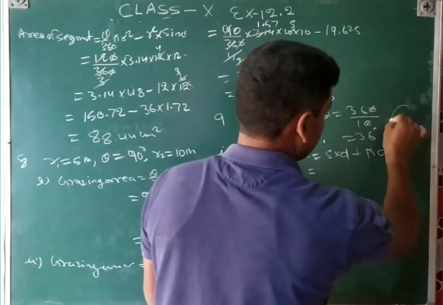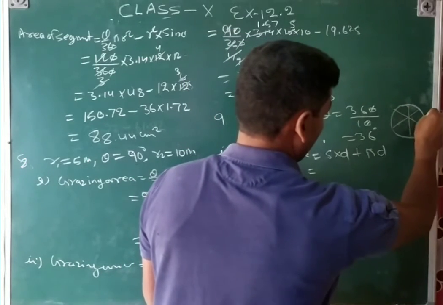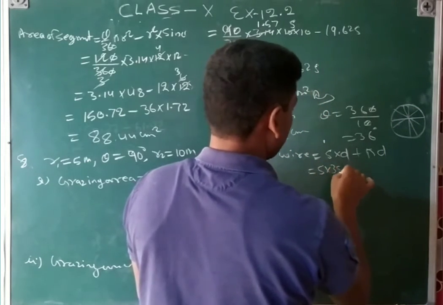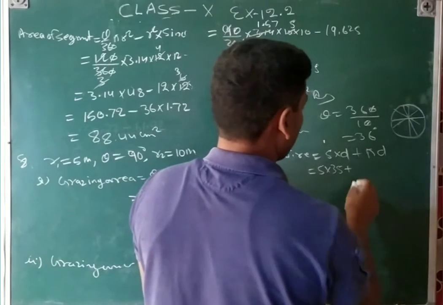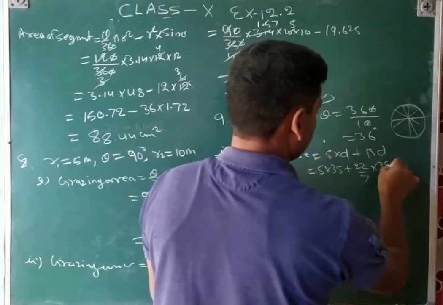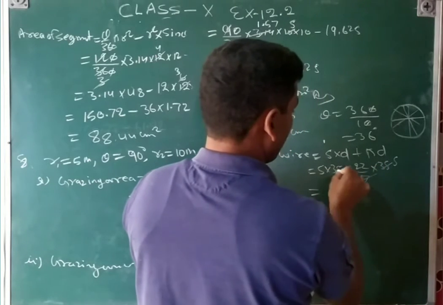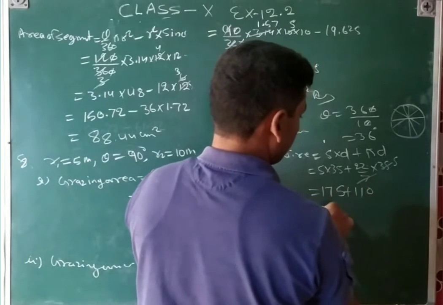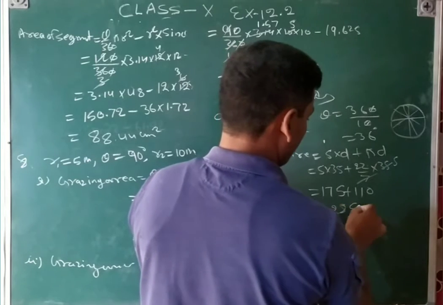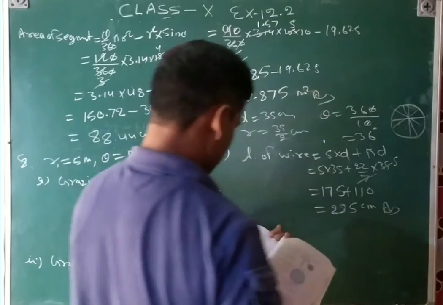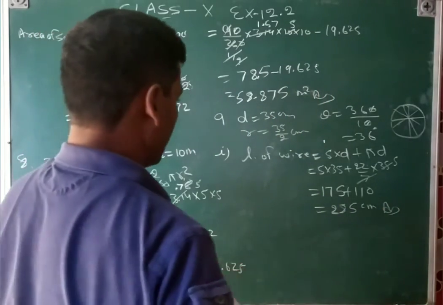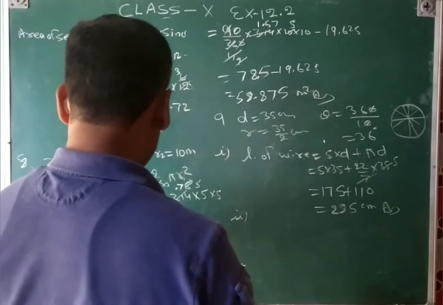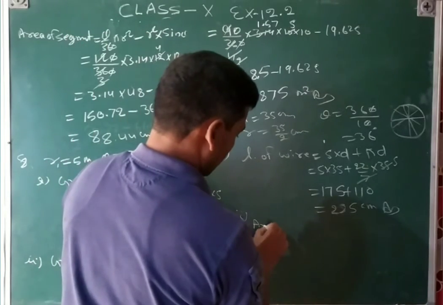So 5 into 35 plus the circumference, also made by wire: 22 upon 7 into 35. That gives 285 centimeter of wire used.